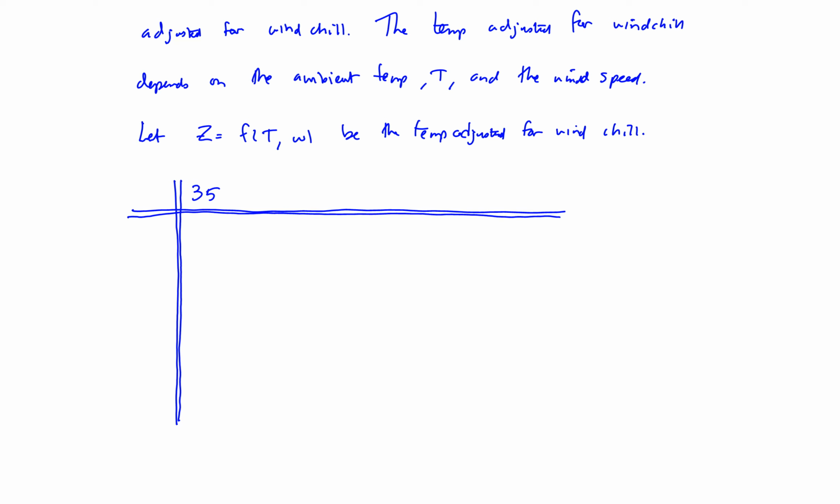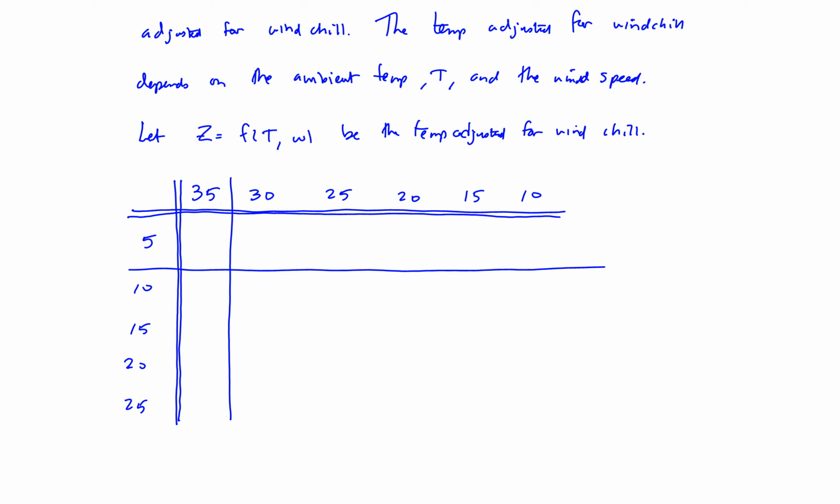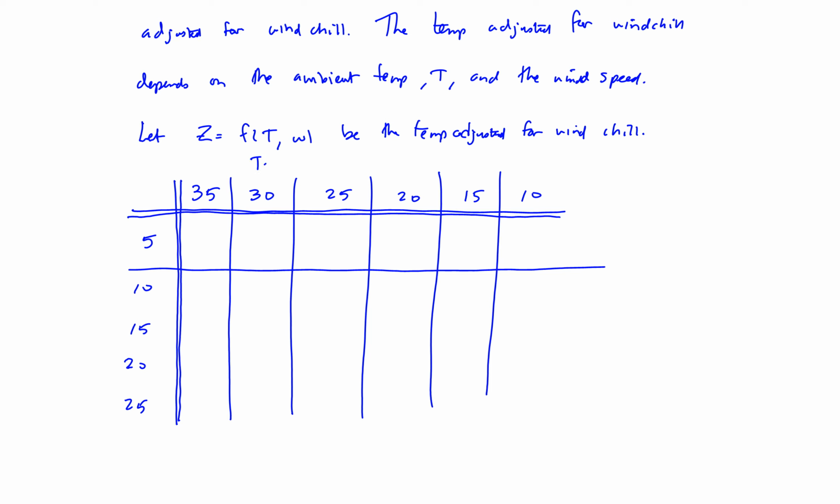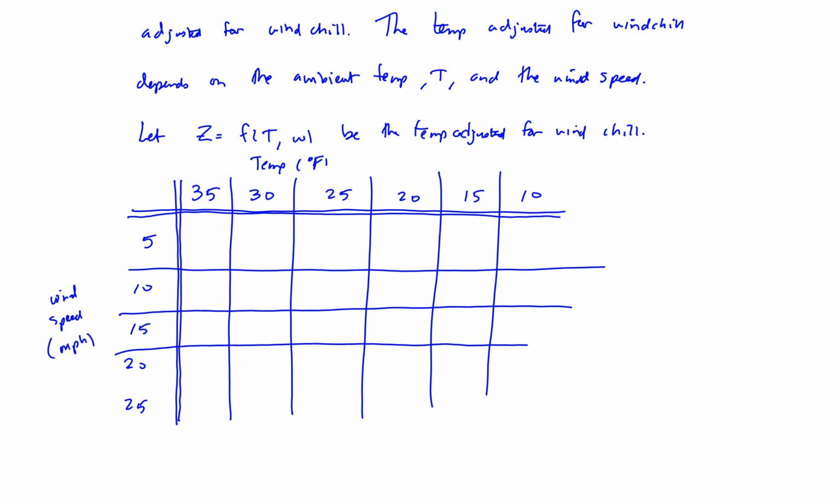So let's say our temperatures are given as follows. And let's go ahead and divide this up. Okay, so up here, this is the temp. And this will be measured in degrees Fahrenheit, and this is the wind speed. And this is measured in miles per hour. So let's go ahead and fill some of these in.